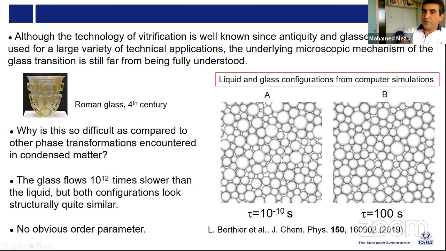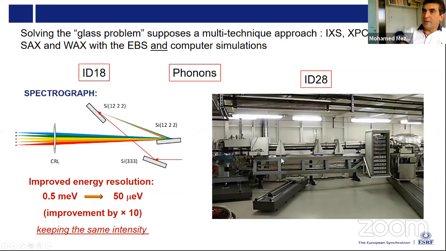That's why this problem is still not completely solved. Solving it probably supposes a multi-technique approach, such as inelastic scattering, X-ray photon correlation spectroscopy, X-ray absorption spectroscopy, small and wide angle scattering on the EBS, and also the help of computer simulations.